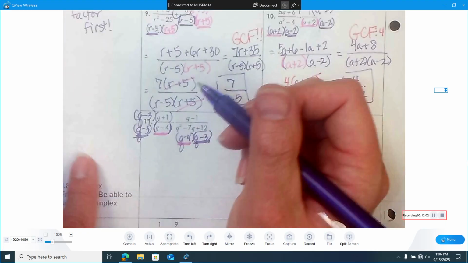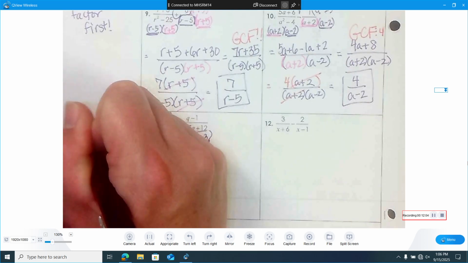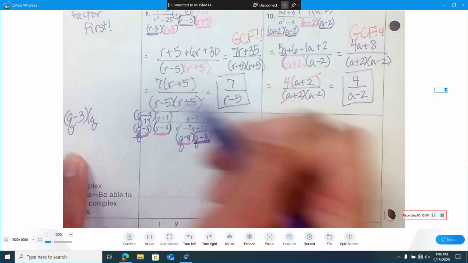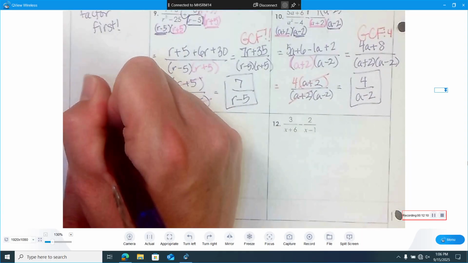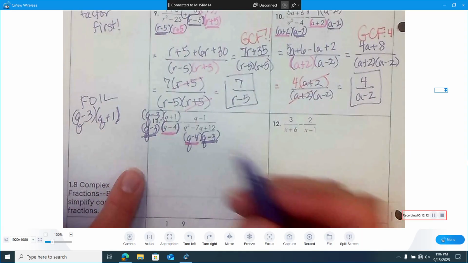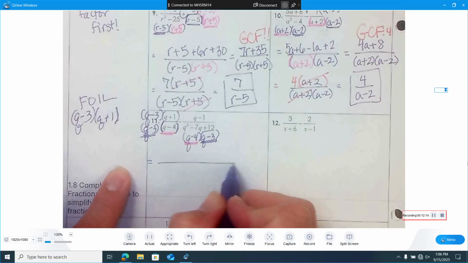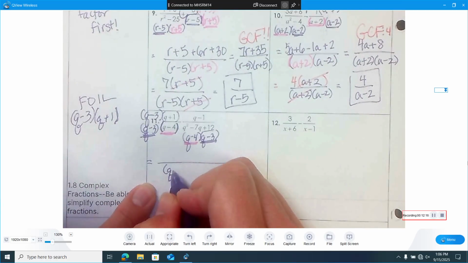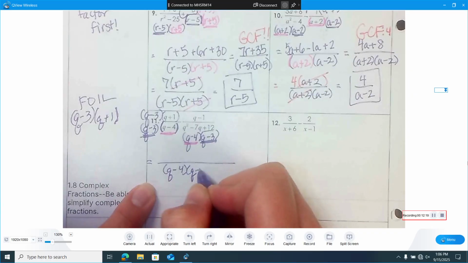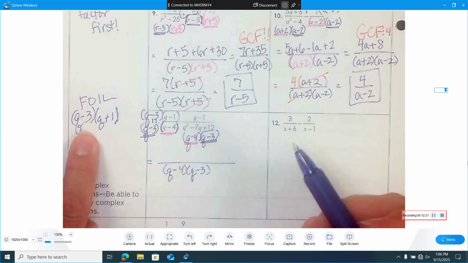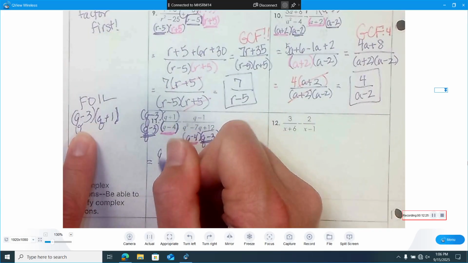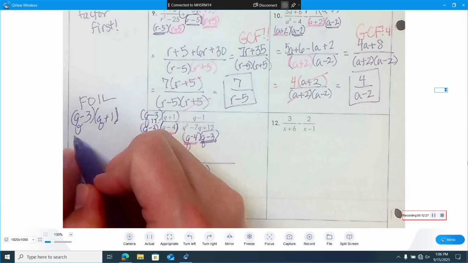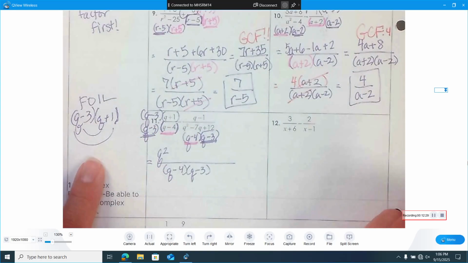What do we have to do with the q minus 3 times the q plus 1? Yeah, we've got to FOIL those together. So, that's going to be a lot of work. Let's see, my denominator is q minus 4 times q minus 3. And I have to multiply these bubbles together. That's going to give me q squared. The outside and the inside make what?